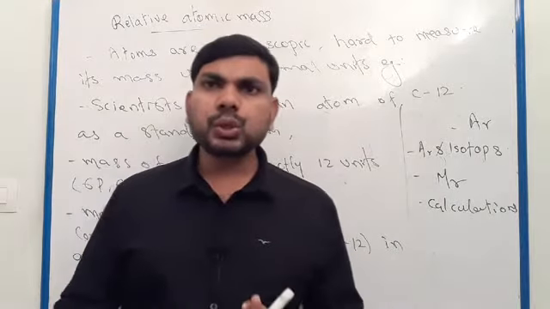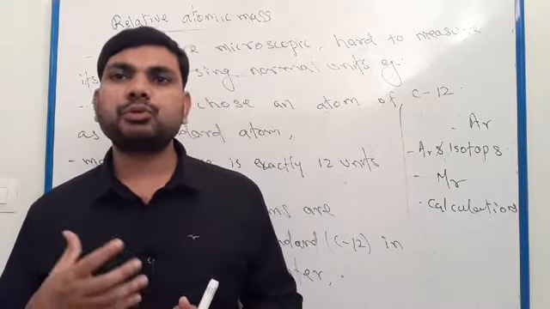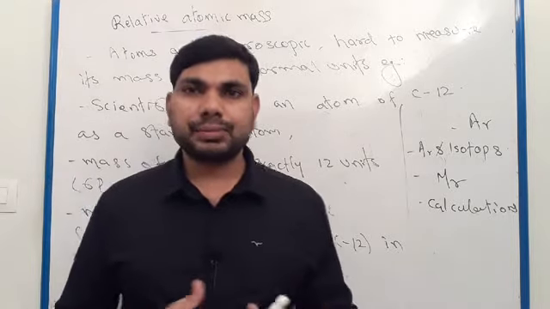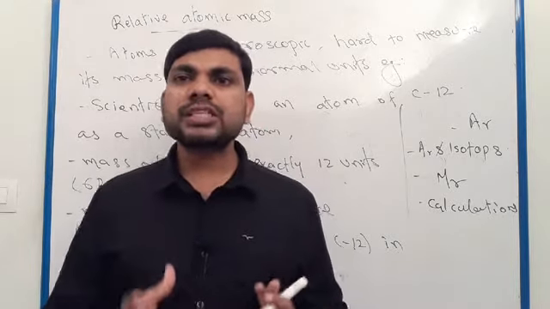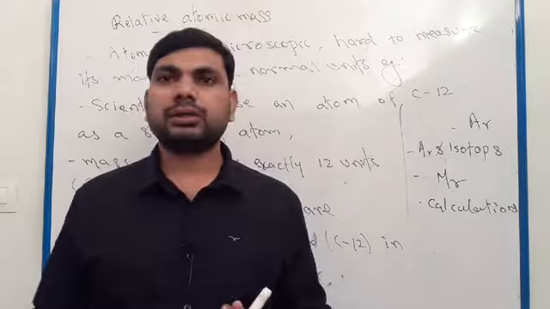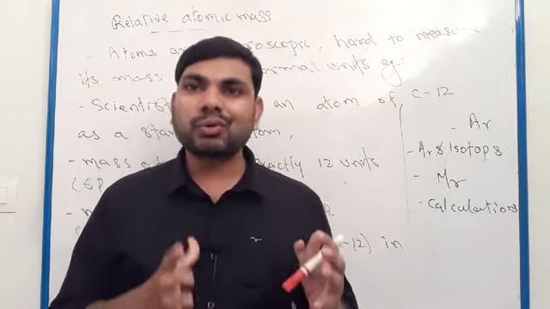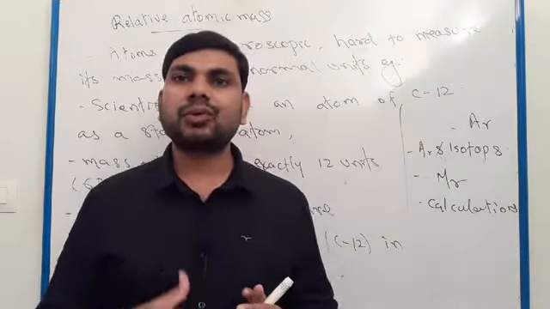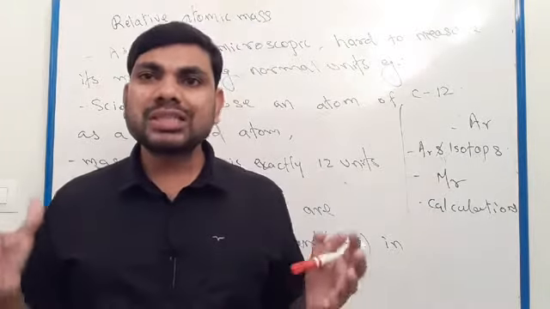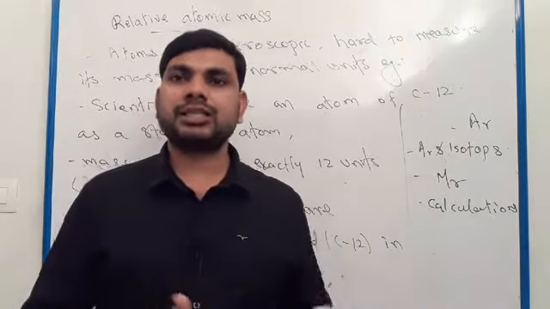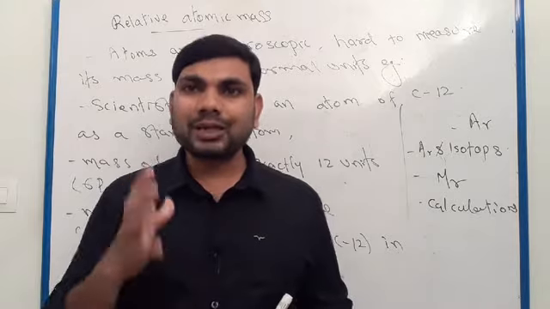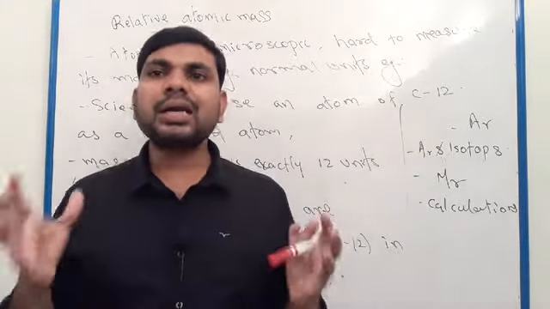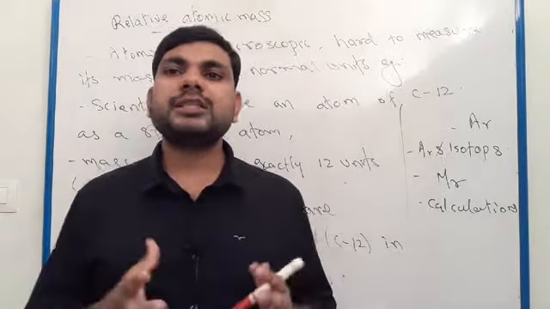The first point we have to understand is that atoms are the smallest part of any matter. Atoms are microscopic. So how do we determine the mass of an atom? An atom is microscopic and it is very hard to measure its mass.